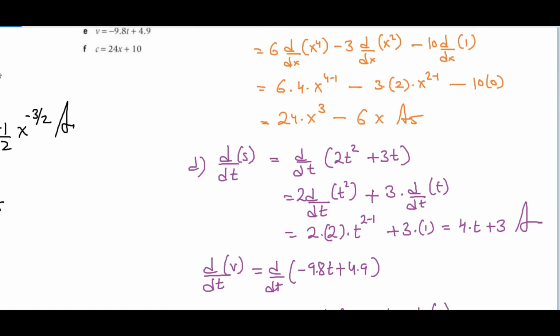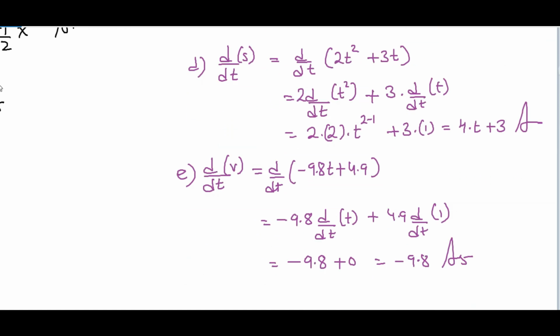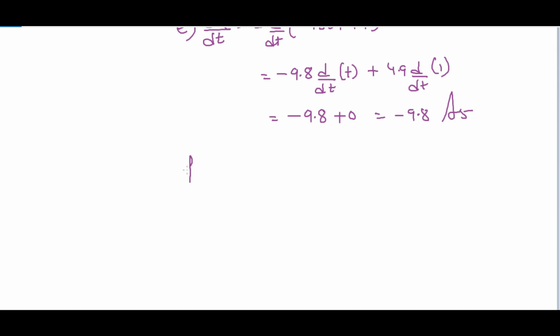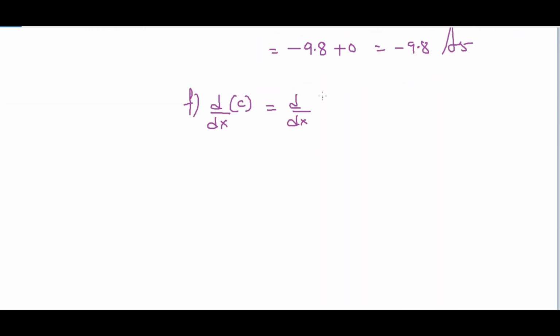Now we will look for the f part. The f part has dependent variable c and independent variable x. So let's differentiate it. dc by dx is equal to the differentiation of 24x plus 10.